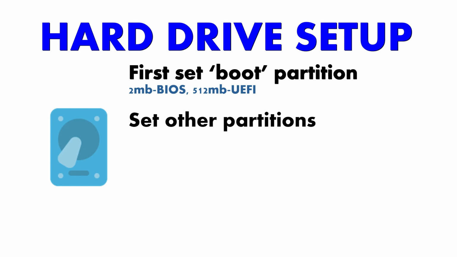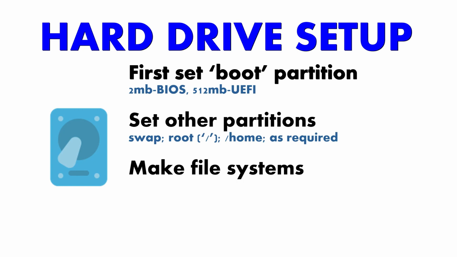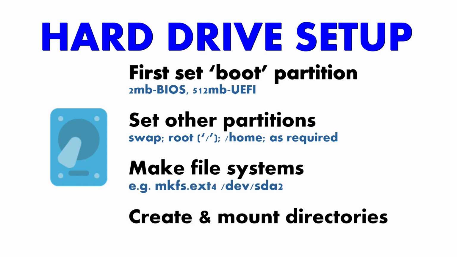Remaining hard drive setup will be unique to each user, where he can have as many partitions as required, but typically one would start with the root partition, then ideally a separate partition for the home, and so on. Once partitions are ready, we will make file systems and mount them to proceed to the installation of base packages using the pacstrap command.